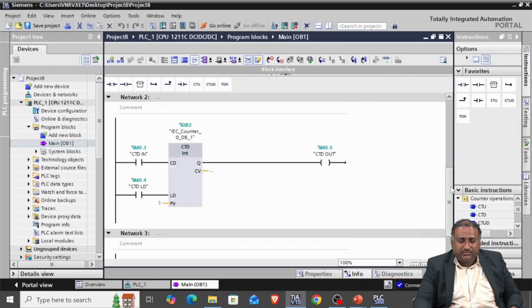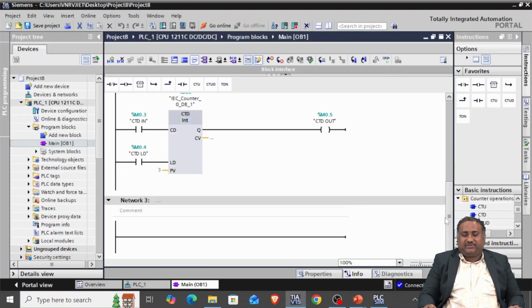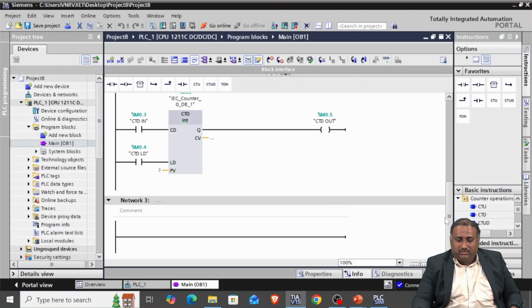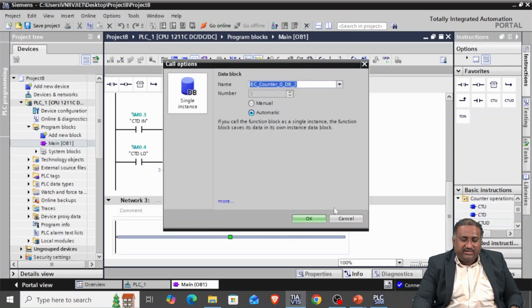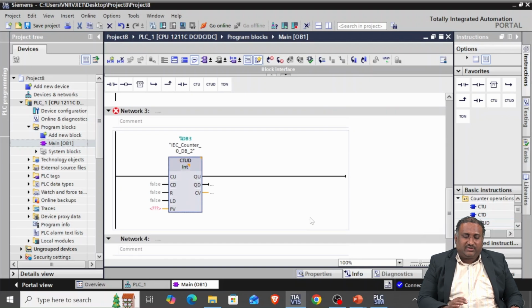Next we shall discuss the up down counter that is present in the TIA portal. If you consider the up down counter, you can consider it as a combination of the up counter and down counter that we have discussed till now.